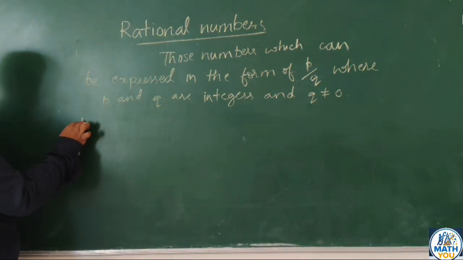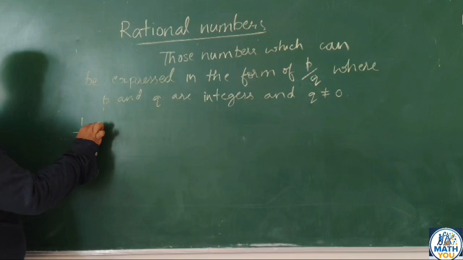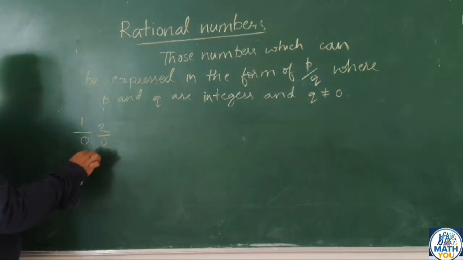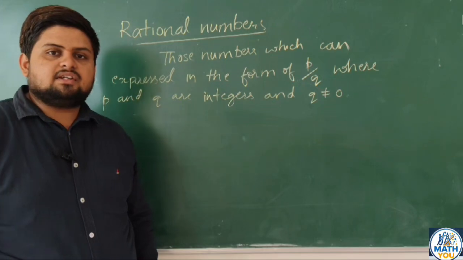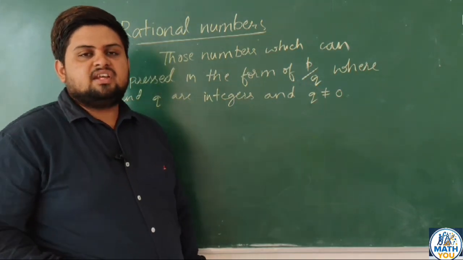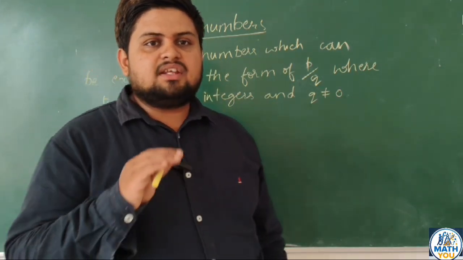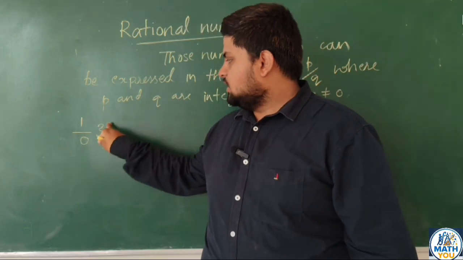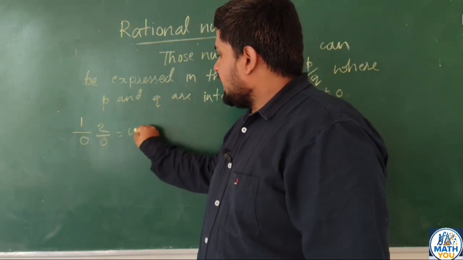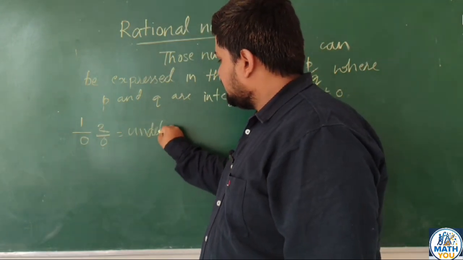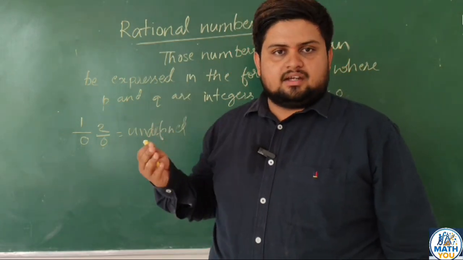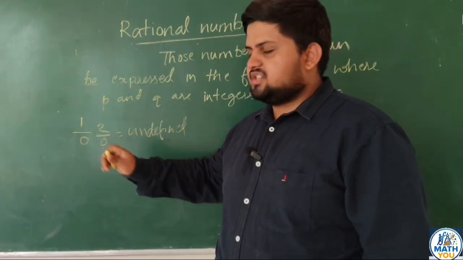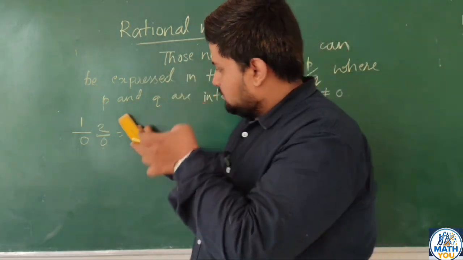Because if any number is written in the form of 1 by 0, 2 by 0, division by 0 is not at all permitted. We consider something divided by 0, 1 by 0 or 2 by 0 as undefined because we are not developed yet to find out the value of division by 0.